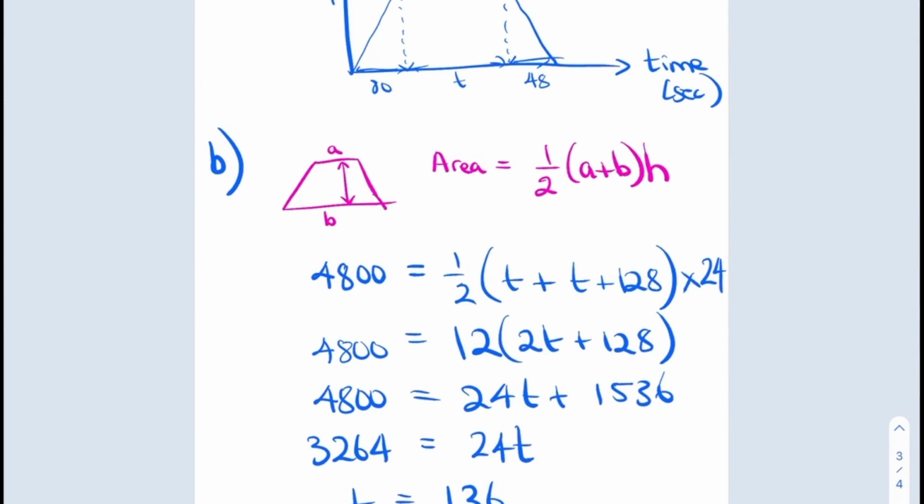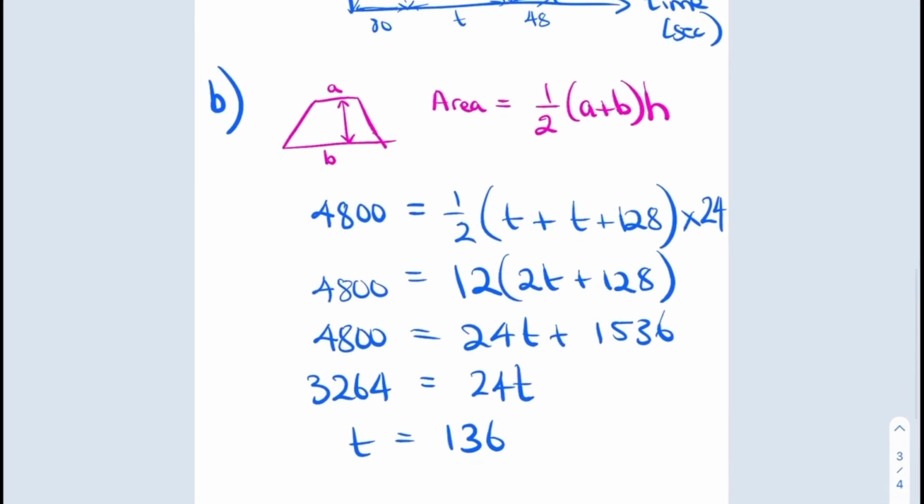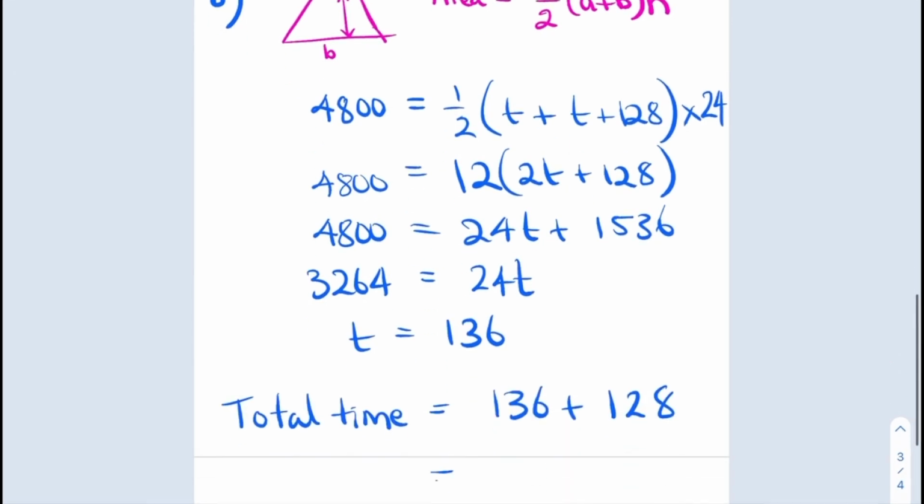And so I have to add on 128 to find the total time. So 136 plus 128, making the total time that the train is travelling 264 seconds.